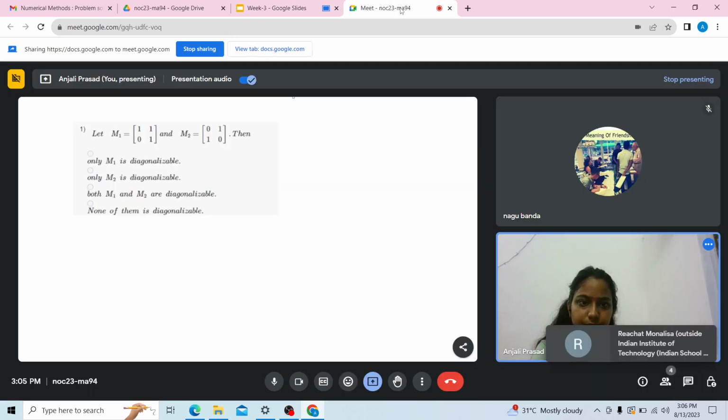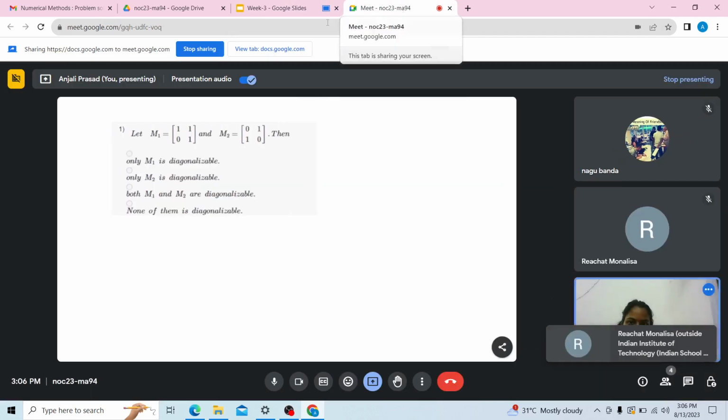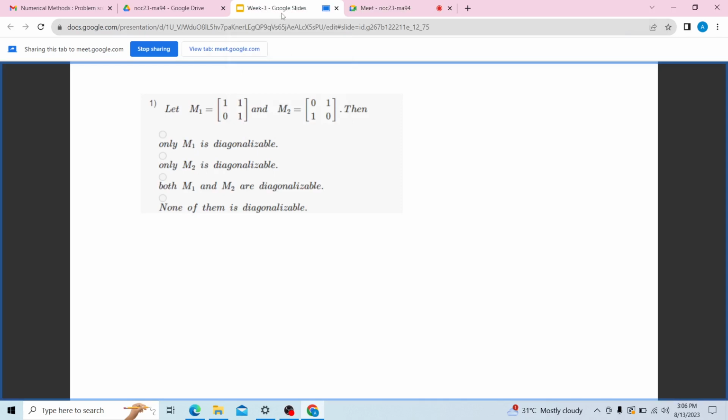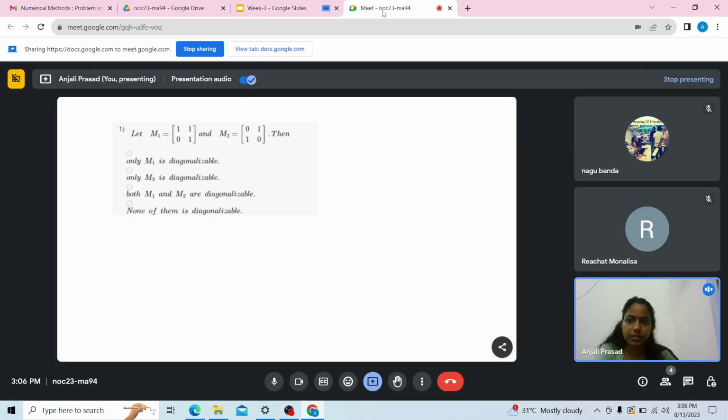So our first question for week 3 session is: we have been given two matrices, M1 equals matrix 1 1 0 1, and M2 equals matrix 0 1 1 0. You have to find out which of the statements are true.